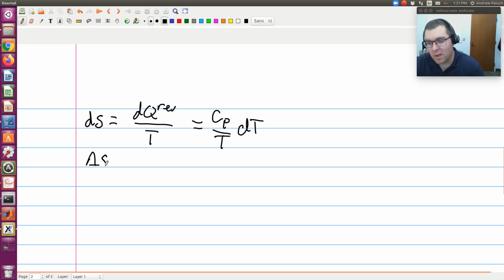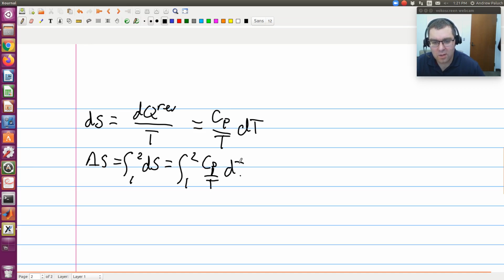So delta S is going to be equal to the integral from my initial state to my final state of dS, which is the integral from my initial state to my final state of Cp over T dT.